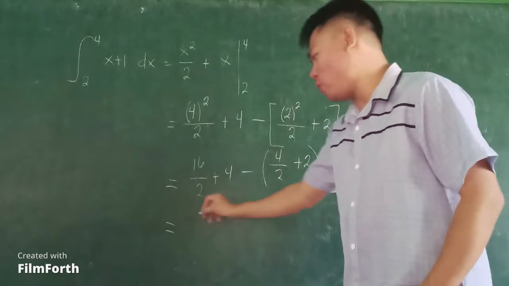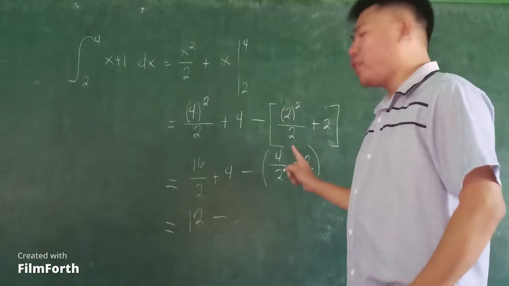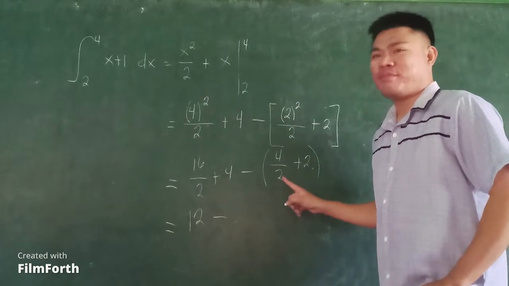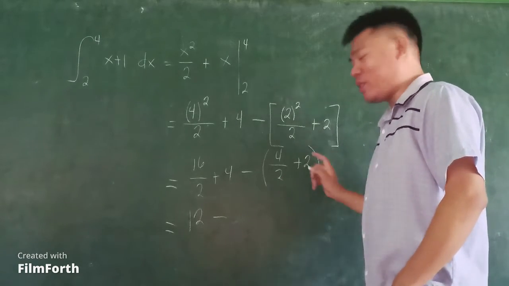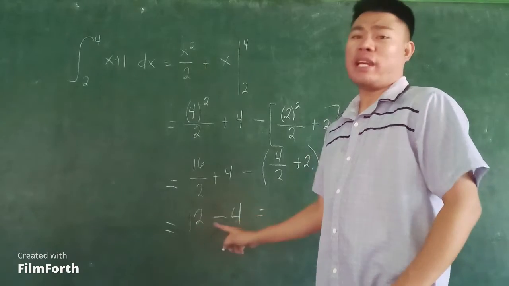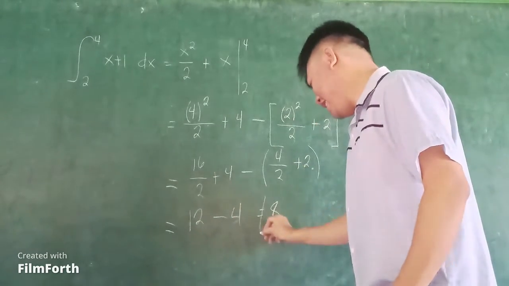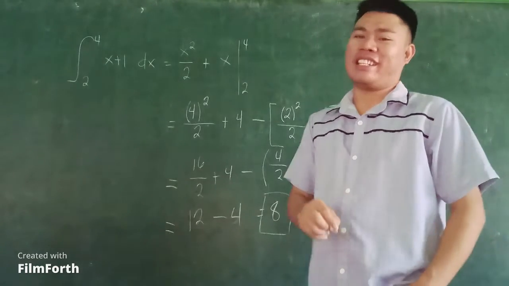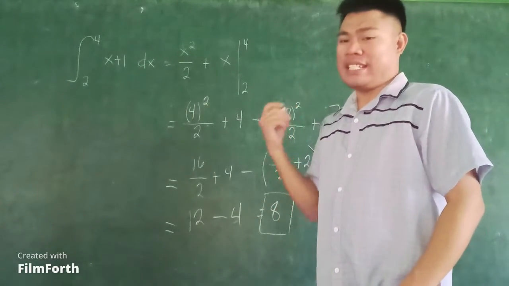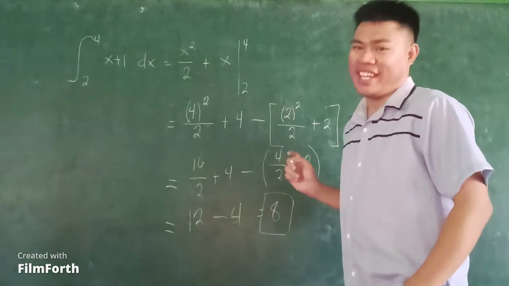Then plus 4 equals 12. Then minus 4 divided by 2 is 2. Then plus 2 equals 4. Then 12 minus 4 is equal to 8. So that's it. The antiderivative of x plus 1 dx evaluated from 2 to 4 is equal to 8.